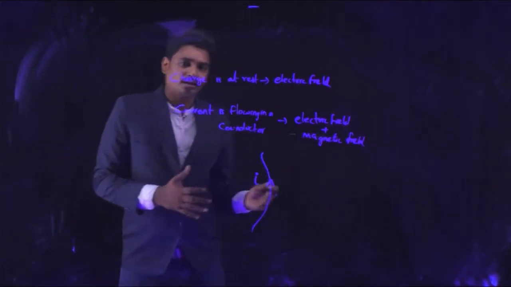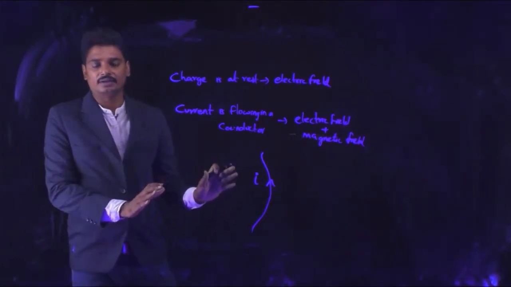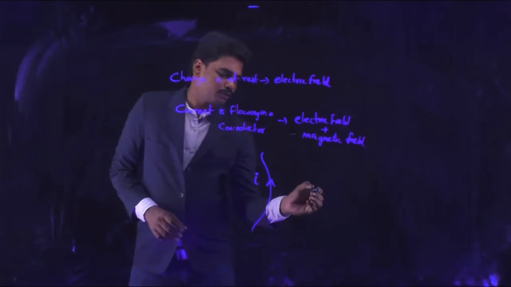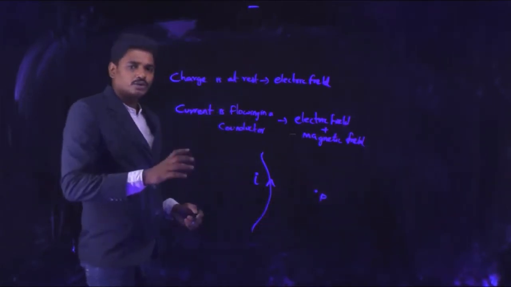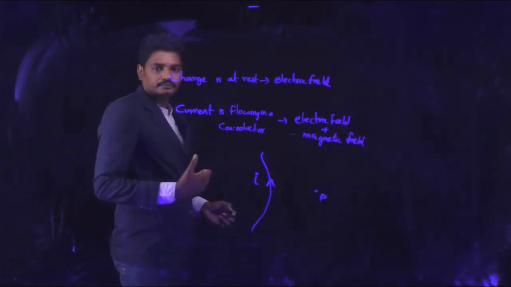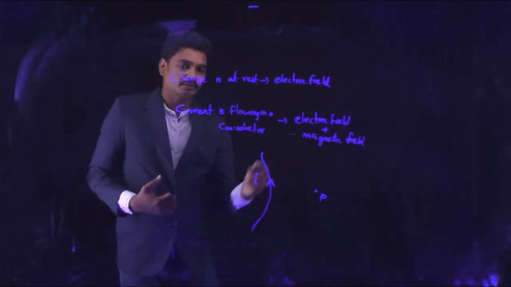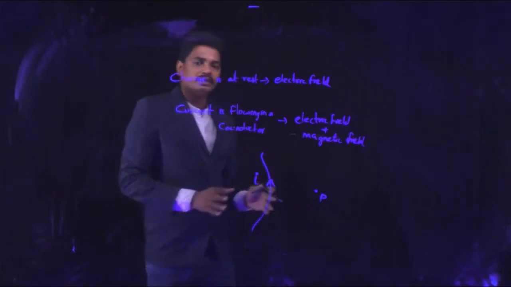Now here we need to calculate the strength of the magnetic field at a point P due to this current carrying conductor, for which we mainly have two laws.